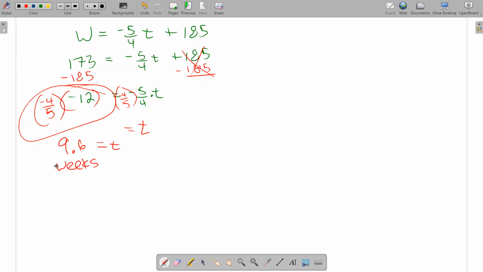Let's just double check that that's true. To do that, we just go back to the original equation and plug in. So I'm going to take that negative 5/4 and multiply it by 9.6 and see if I get the 173. So I can use my calculator for that.